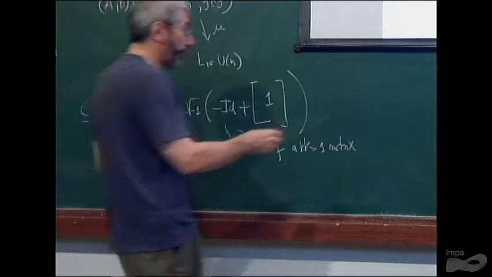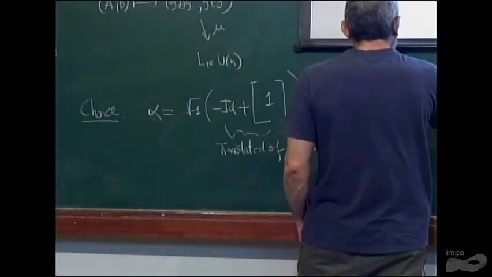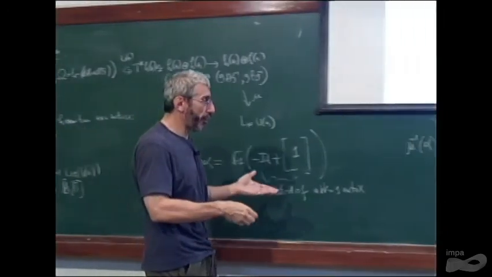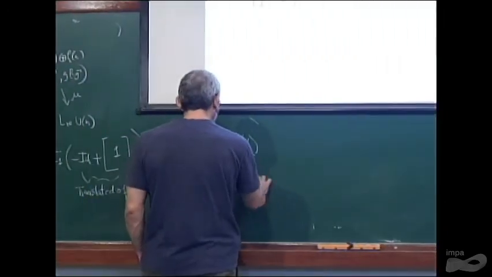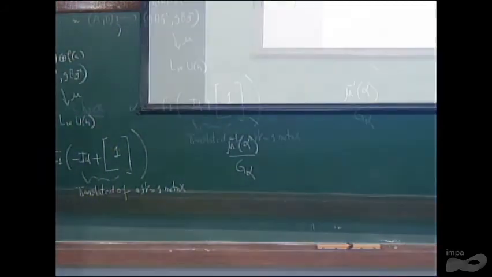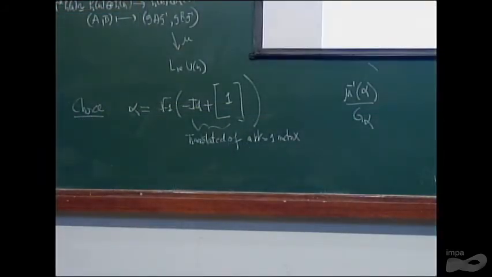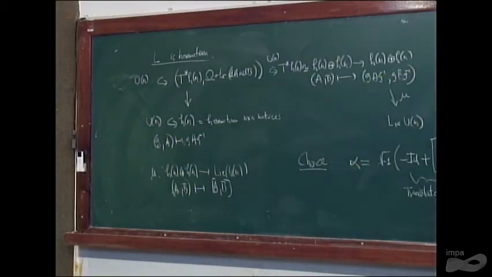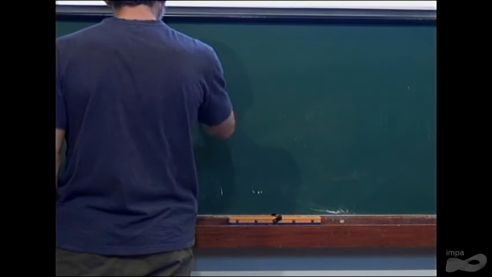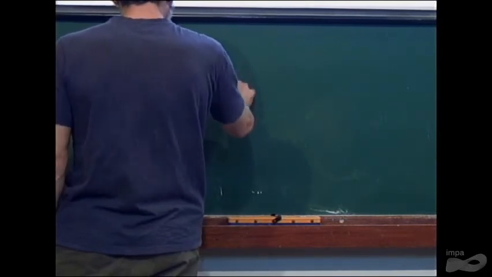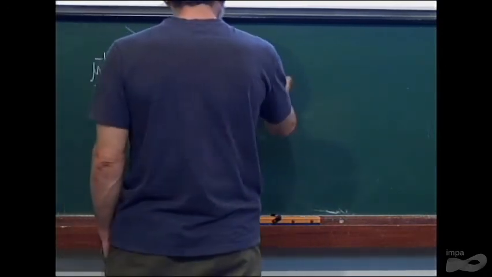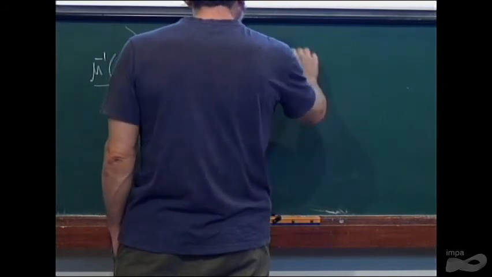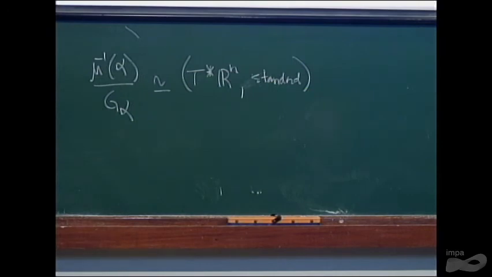So you can take the momentum map to the minus 1 of alpha, and you can take the quotient by G alpha, where G alpha is the stabilizer in Un of the element alpha. So this gadget here is symplectomorphic to R2n with the standard symplectic form.